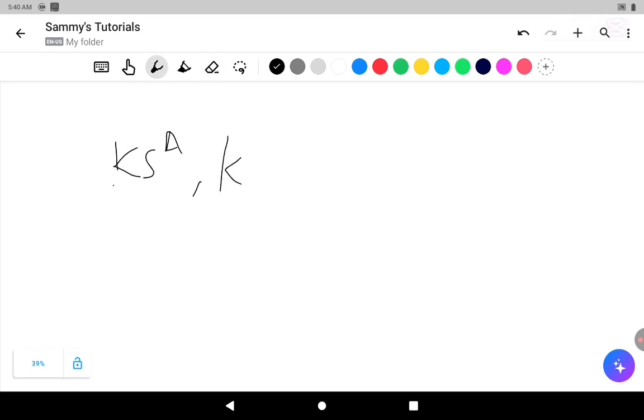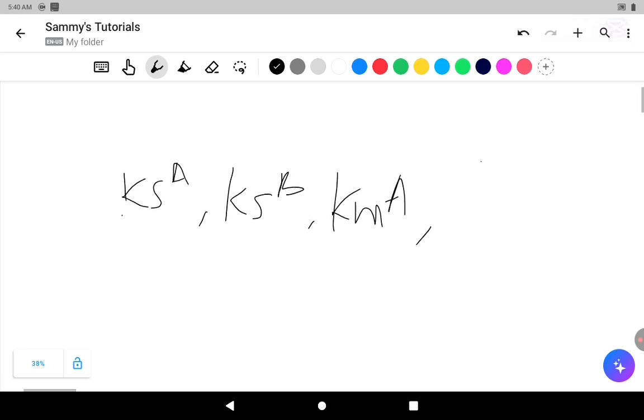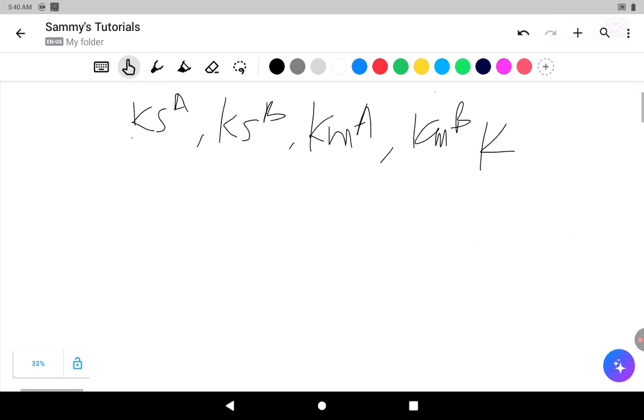So I want you to write all these constants down. KSB. Third is KMA. Fourth is KMB. Fifth is K itself. So these are the main constants we are going to consider in this course as we proceed.